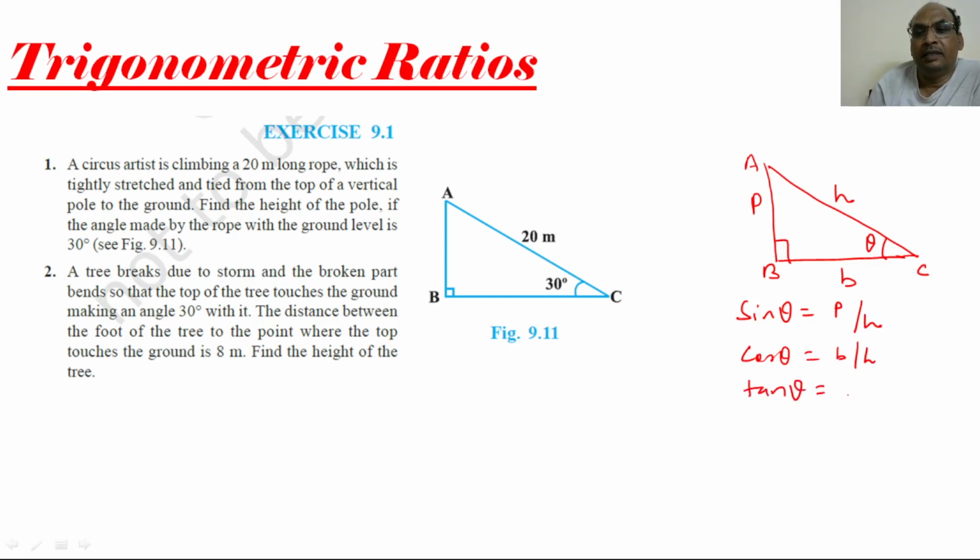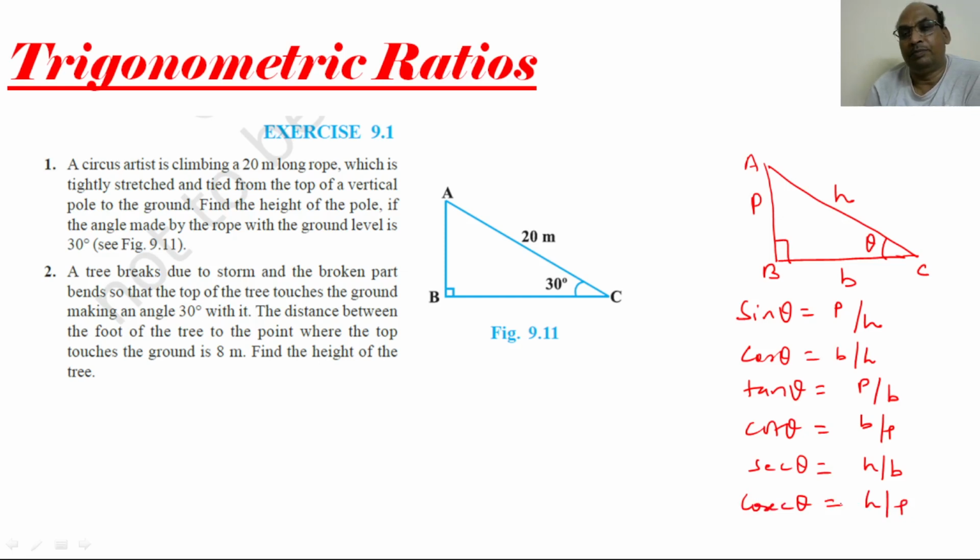Tan theta is equal to perpendicular by base. Cot theta is equal to base by perpendicular. Secant theta is equal to hypotenuse by base. Cosecant theta is equal to hypotenuse by perpendicular. So these are the ways by which we found various trigonometric ratios.